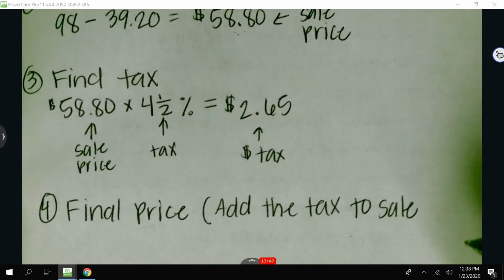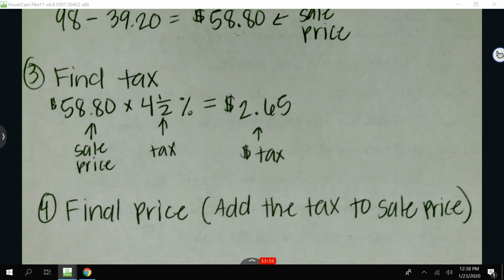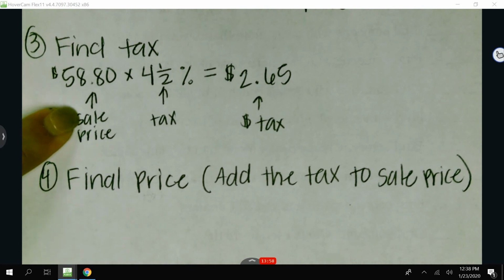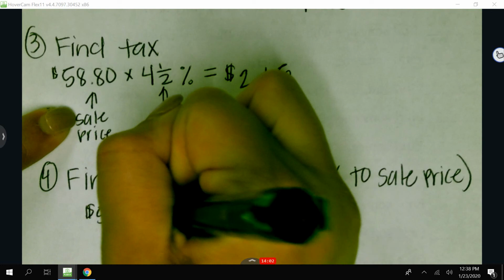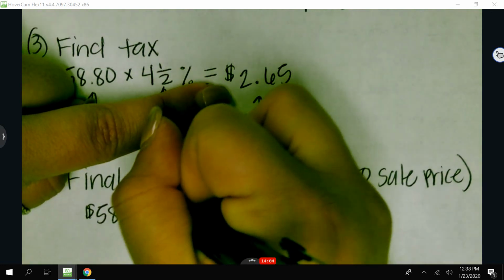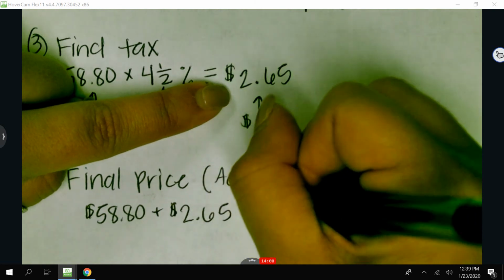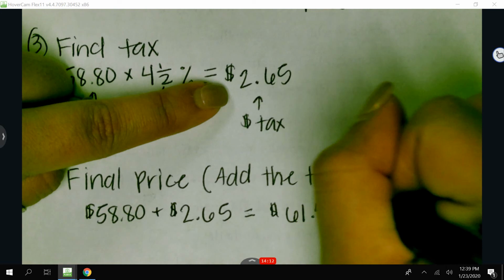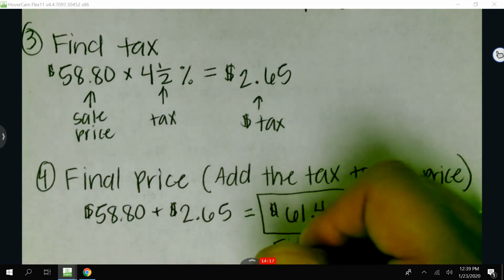You have to add it to the sale price, not the original price. So my sale price was $58.80. The tax was $2.65. So my total amount is $61.45. That is the final price of the tent.